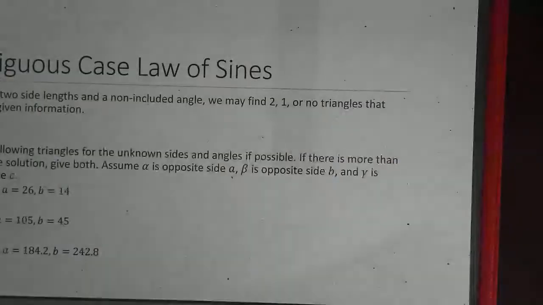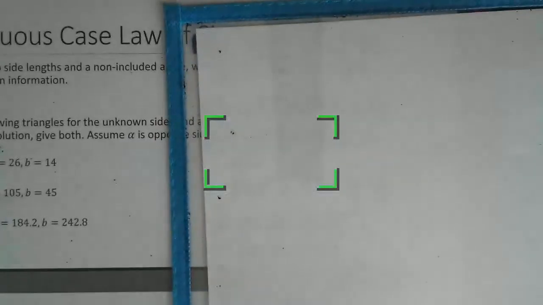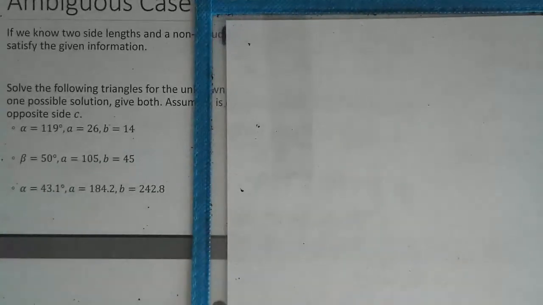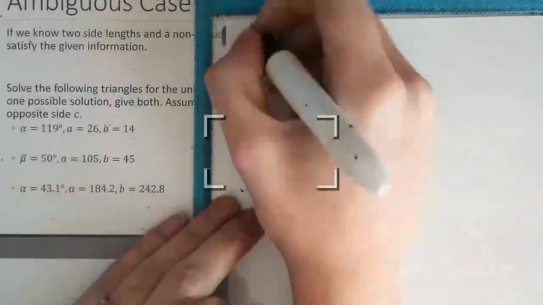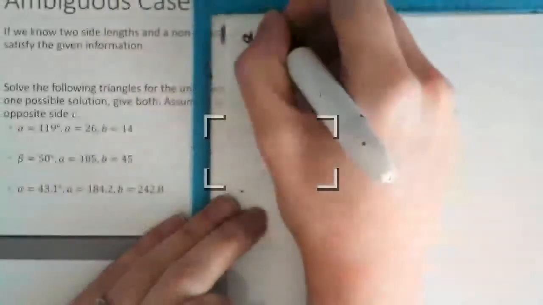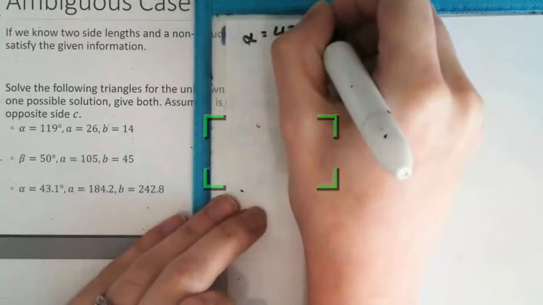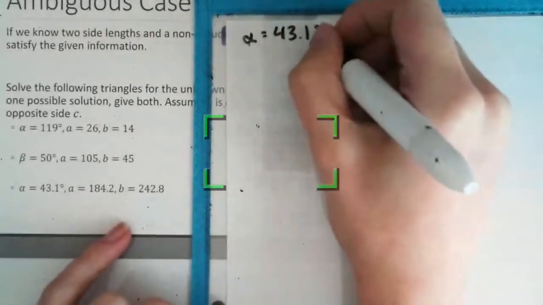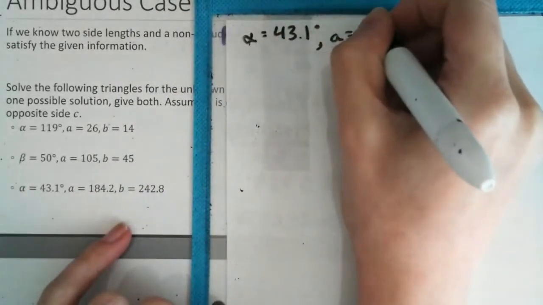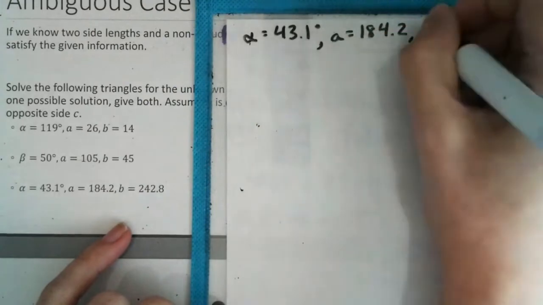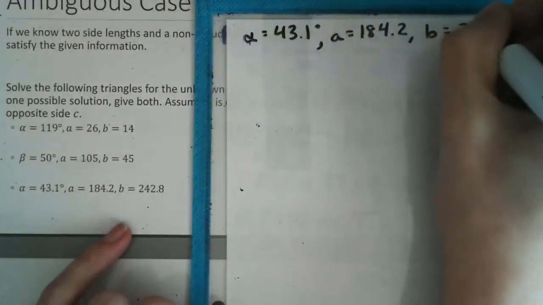So let's try the third one now. We're told that angle alpha is equal to 43.1 degrees. Side A is 184.2, and side B is 242.8.